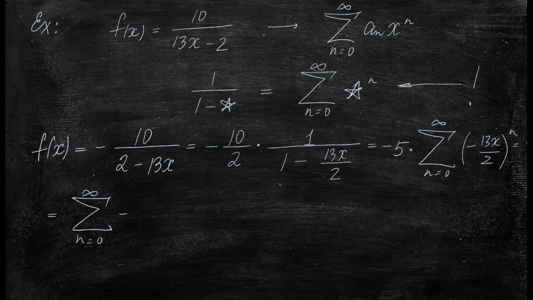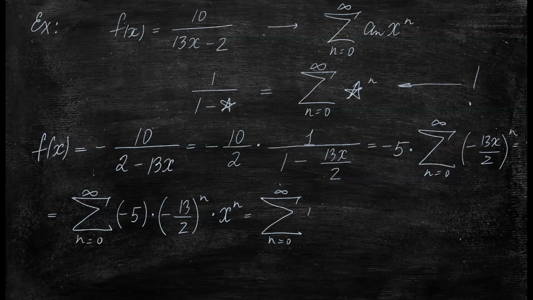So let's bring the negative 5 inside. And let's separate that x from the inside of the parentheses. So we're going to have negative 13 over 2 to the power n times x to the power n. And the rest is just making it look good.